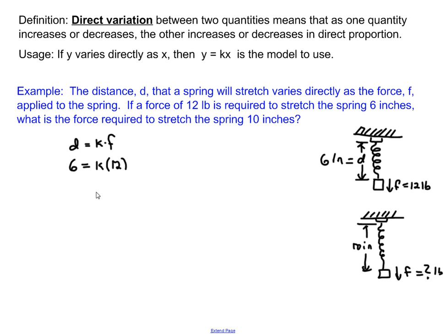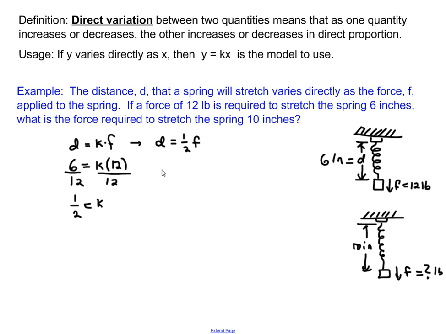Right? So what is our constant? Well, we divide both sides by 12. We find out 1/2 is equal to our constant k. So now we know that the distance is always equal to 1/2 times the force F.